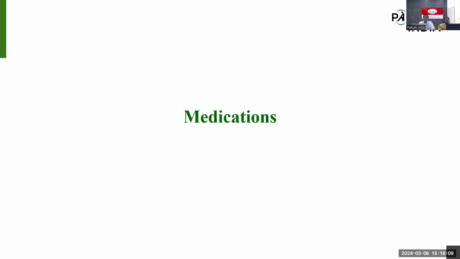What are the medications that we are giving subcutaneously in palliative care? Common medications that we are giving subcutaneously in palliative care. Any idea? Morphine. Yeah, we can give morphine subcutaneously. Anything else? Isotonic fluids.